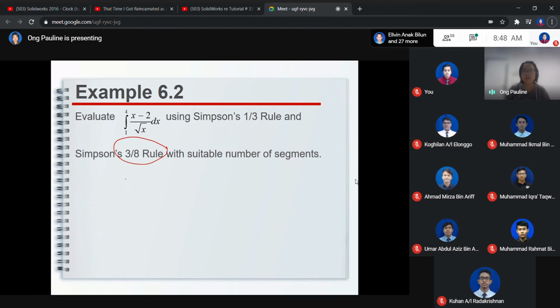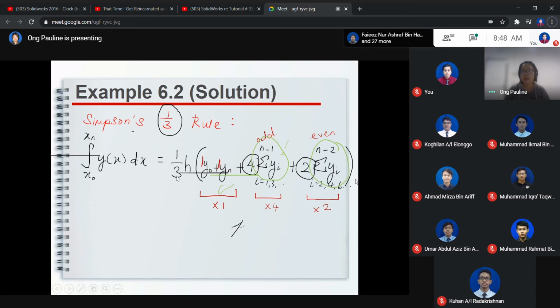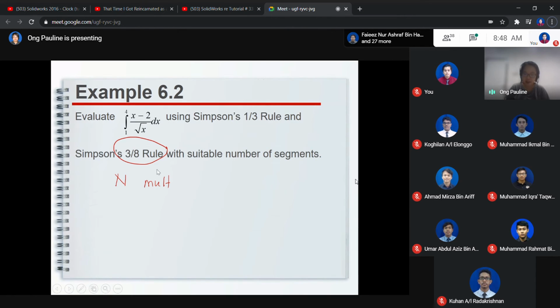You should know that for the Simpsons 3/8, the n must be multiplication of 3. Okay, so meaning that n mesti gandaan 3. So it can be 6, 9, 12 dan seterusnya.